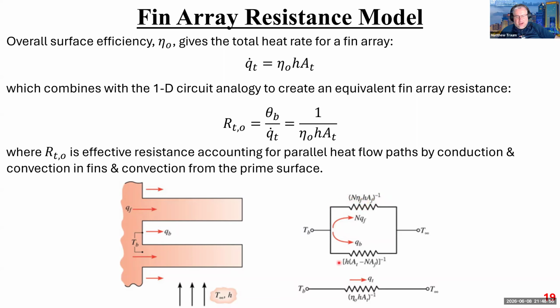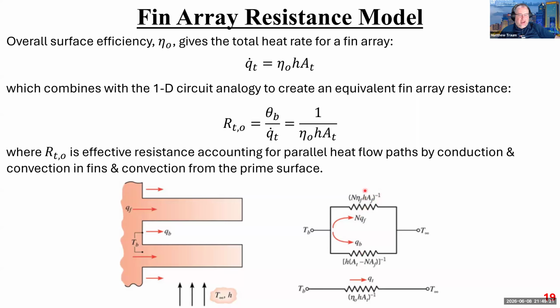And then here is the heat transfer from this intervening surface, right? The surface that does not have the fin on it, basically everything else. The area that's not covered by the fin, that's A_T minus N A_F multiplied by the convective heat transfer coefficient, right? And these are resistances, so it's just one over that and one over that. That's where this exponent of negative one comes from.